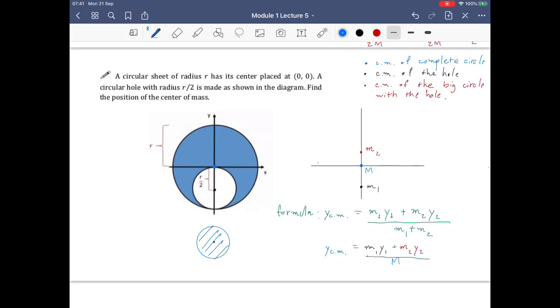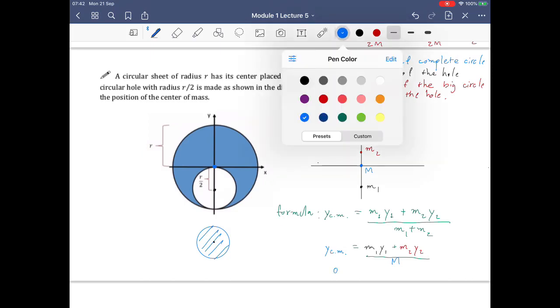Now you put everything from the question into the formula. You see that this ycm must be 0 because the center of mass of the blue one is at the origin, so y must be equal to 0 there. So you have 0 here.